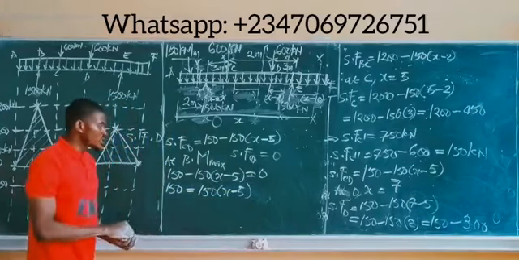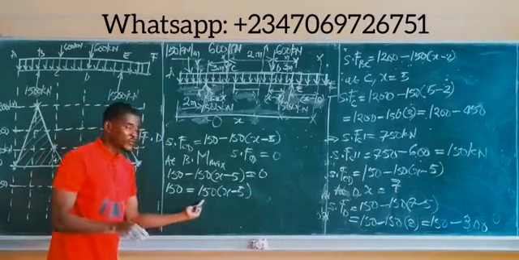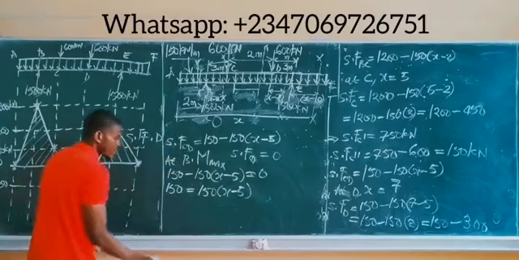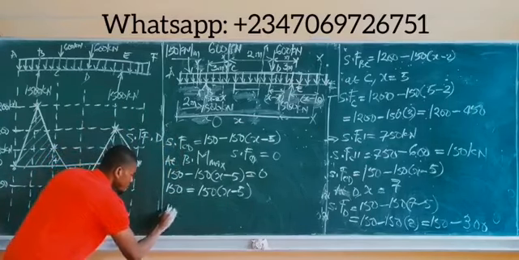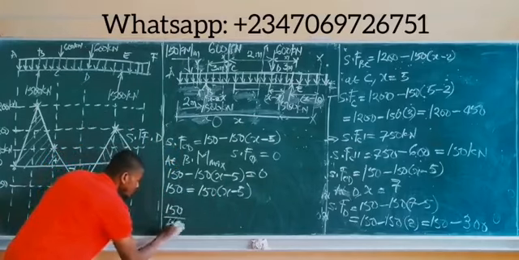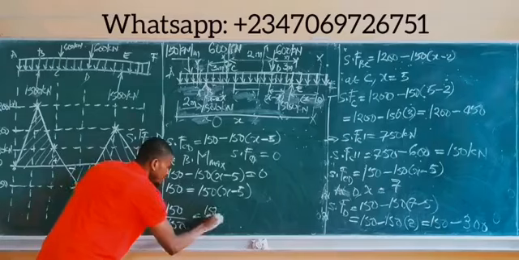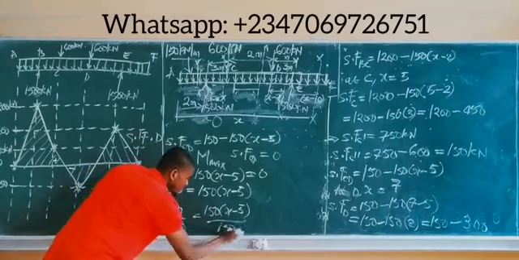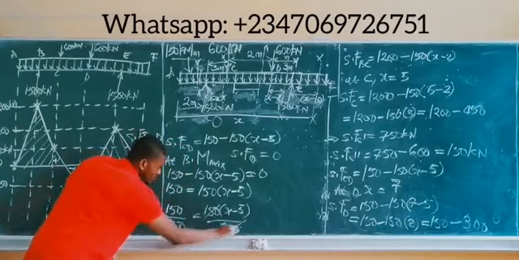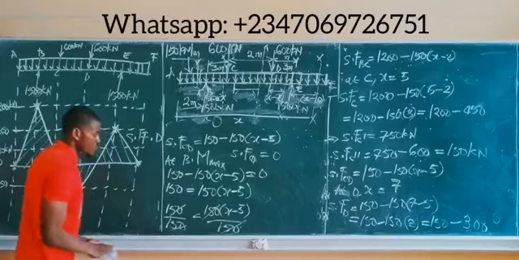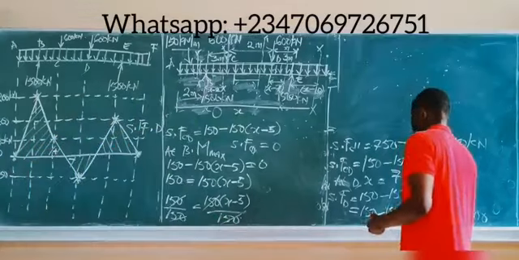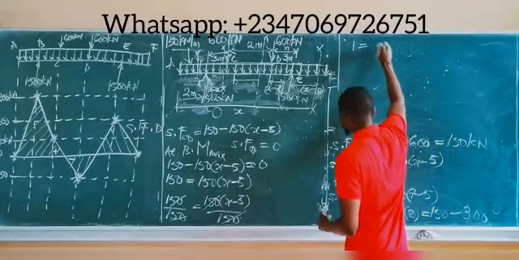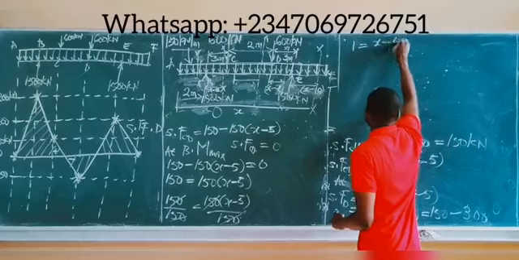Now, this is what I will do. Instead of expanding this bracket with 150, let me simply divide both sides by 150 so that 150 will cancel out. I will have 150 over 150 equals 150 into x minus 5 over 150. So 150 cancels 150, which gives me 1. So 1 is now equal to x minus 5.